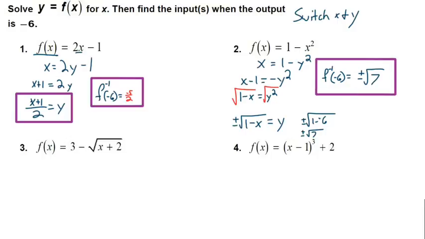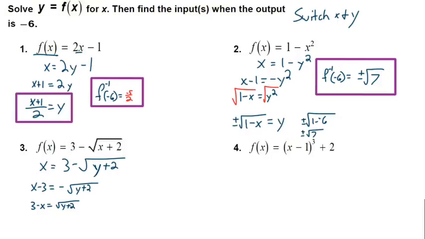Alright. If you're feeling so bold, try the next two, but I'm going to go right ahead with number 3. First thing you do, always switch x and y. So that's x equals 3 minus the square root of y plus 2. And then just solve. If I move the 3 over, that becomes x minus 3 equals negative root y plus 2. Divide by that negative 1 to get rid of it. So I'll write it as 3 minus x equals the square root of y plus 2.